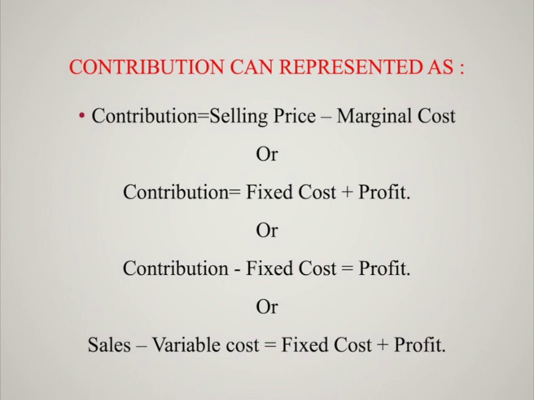If they give contribution and any one component, the remaining component we can find out. Simply with the help of the marginal costing equation we calculate the contribution: sales minus variable cost is equal to fixed cost plus profit.